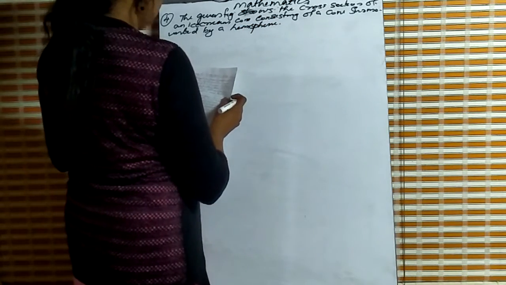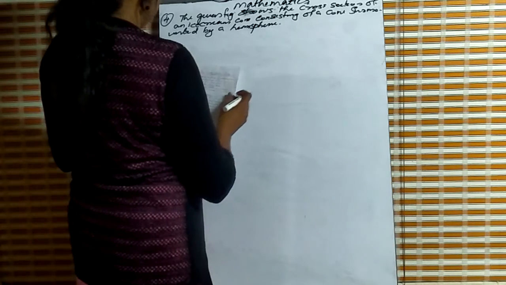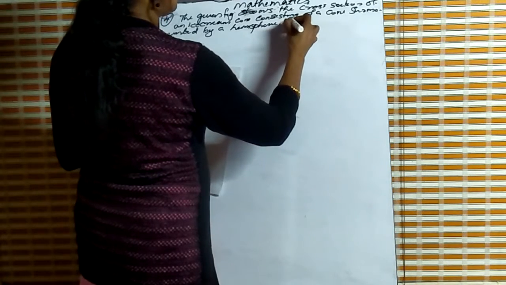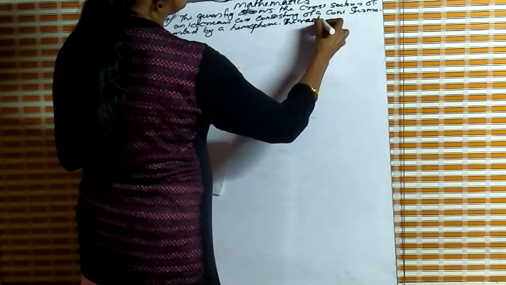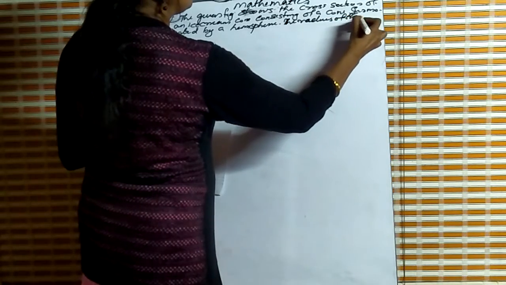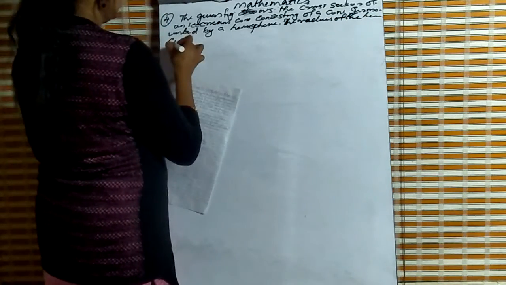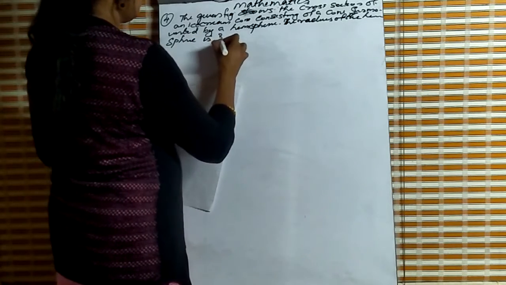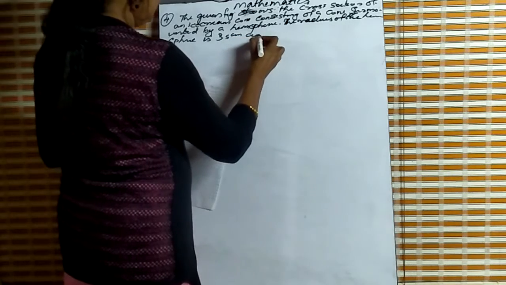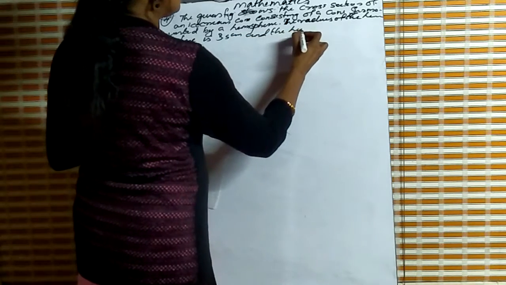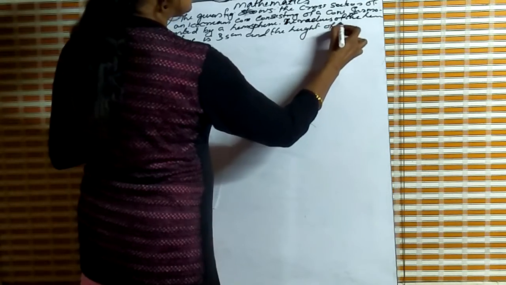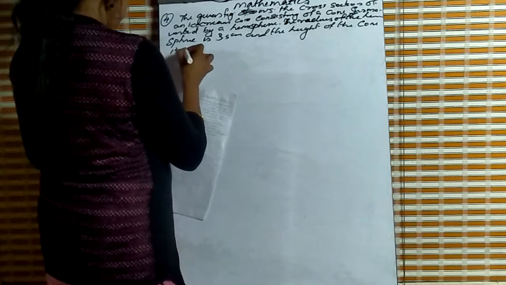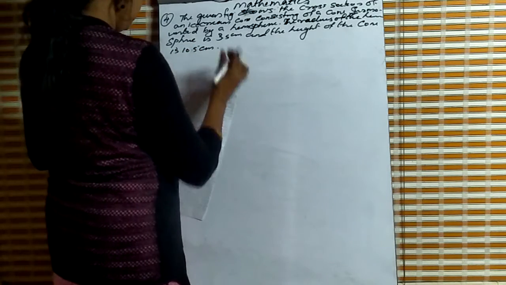The radius of the hemisphere is 3.5 centimeter and the height of the cone is 10.5 centimeter.